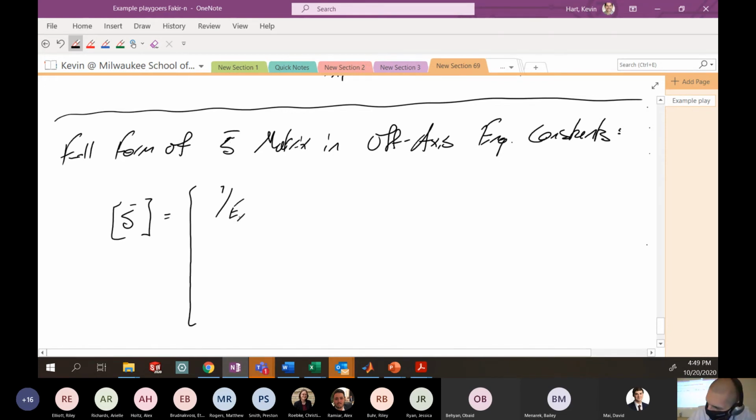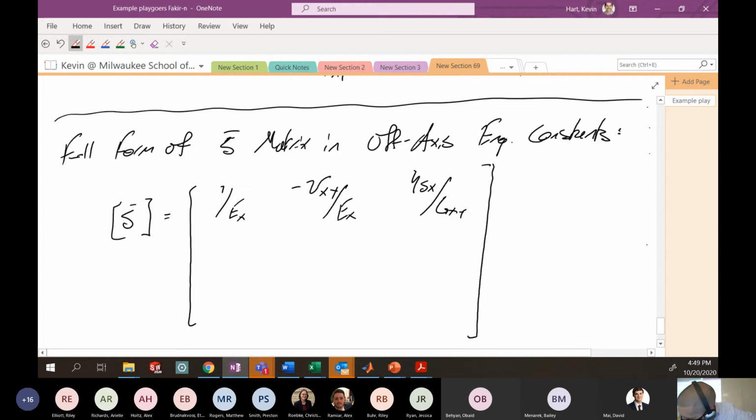One on EX, negative nu XY on EX, eta SX on GXY. Negative nu YX on EY, 1 on EY, eta SY on GXY.